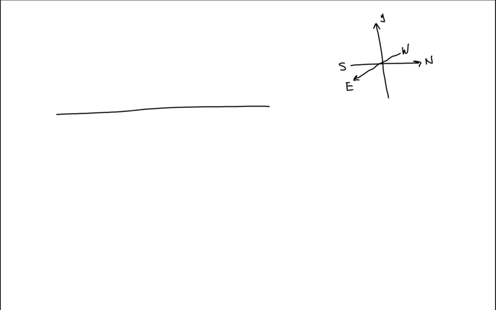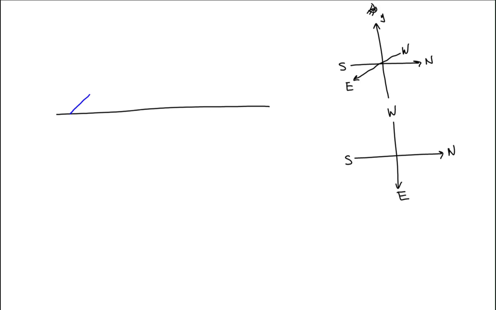So this is what the compass rose would look like. And if we were looking straight down from above the Earth's surface, this compass rose would look like this: north to the right, east down, south to the left, and west to the upper part of that screen as we are looking down from the positive y-axis.